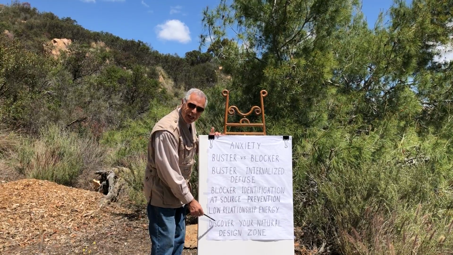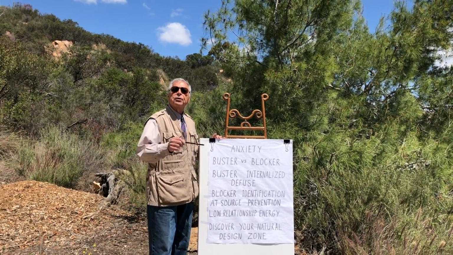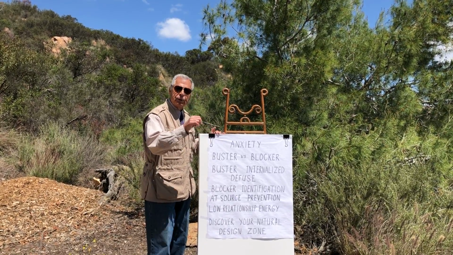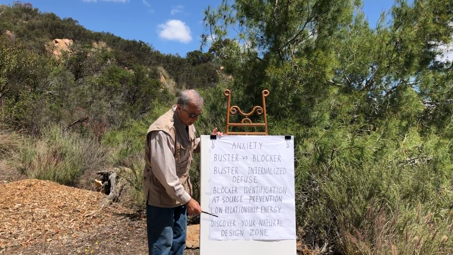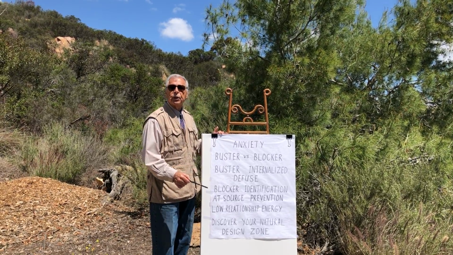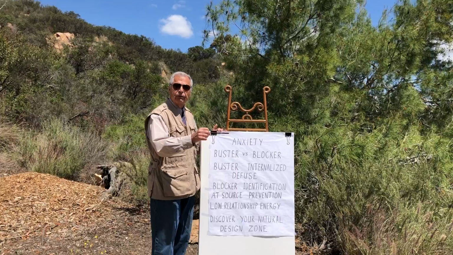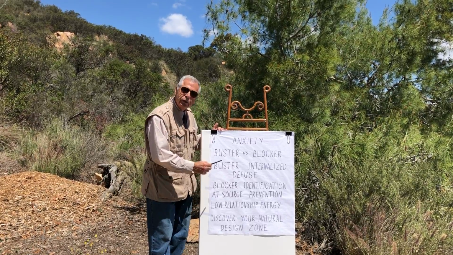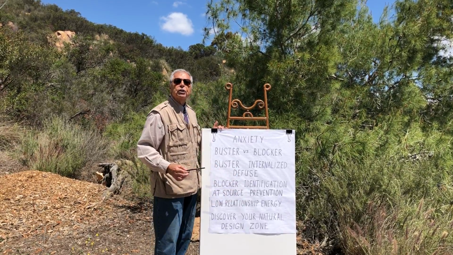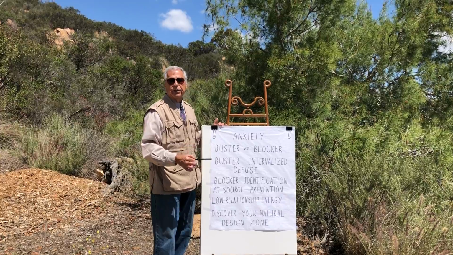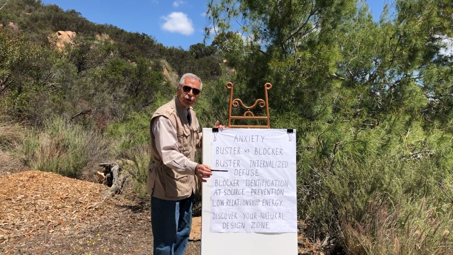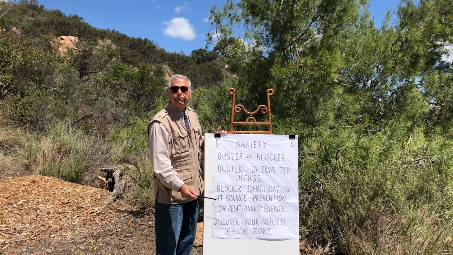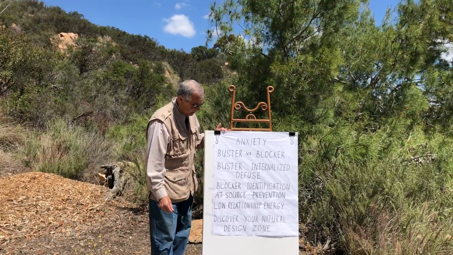But if you're not in your natural design zone, there's an automatic natural anxiety that you go through. So when you discover your natural design zone, again, you'll discover 10 to 15 sources, and then you can do some prevention. Don't go to those areas. Don't go to those sources. Make sure you've learned to do things that keep you away from that source of anxiety.